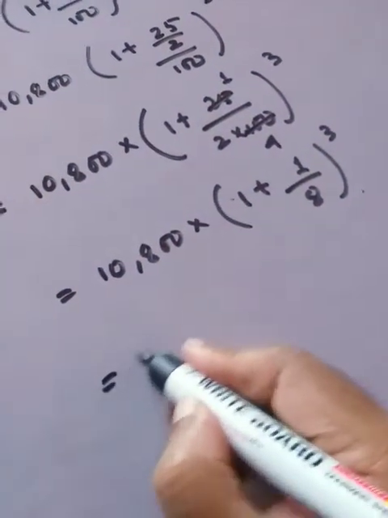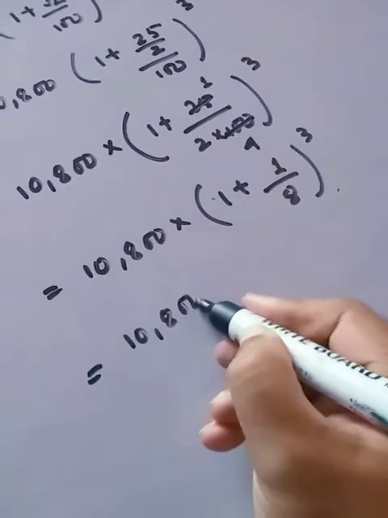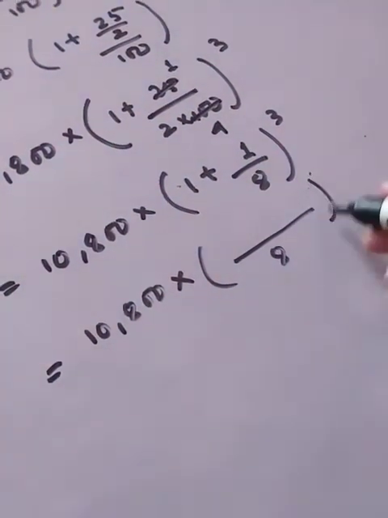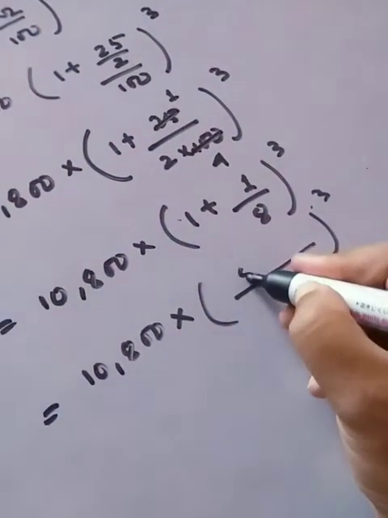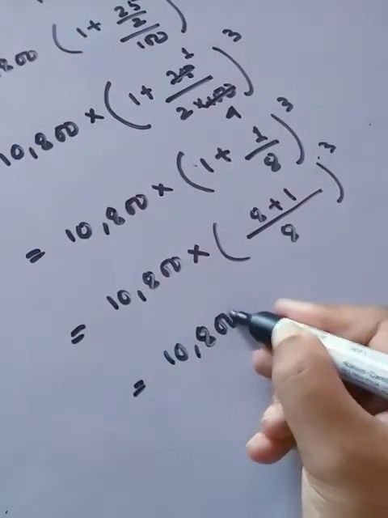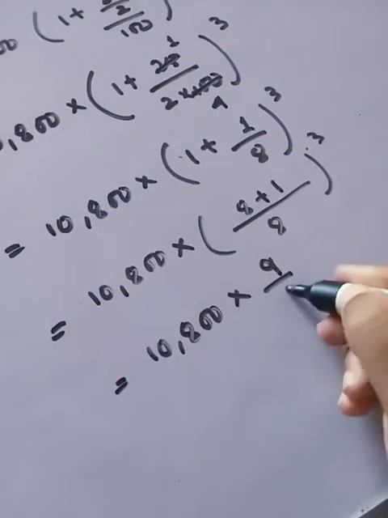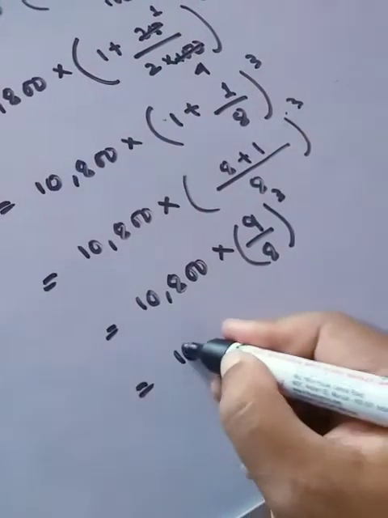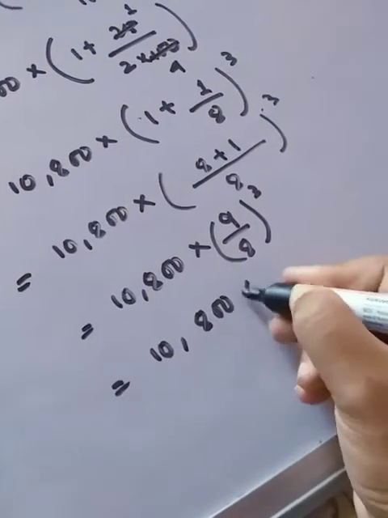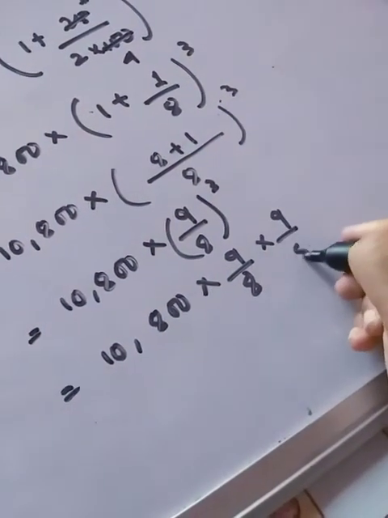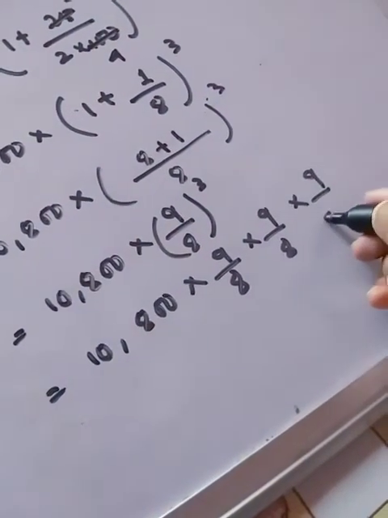Now we solve the bracket: 8 plus 1, 9 by 8, to the power 3. That is 9 by 8 into 9 by 8 into 9 by 8.